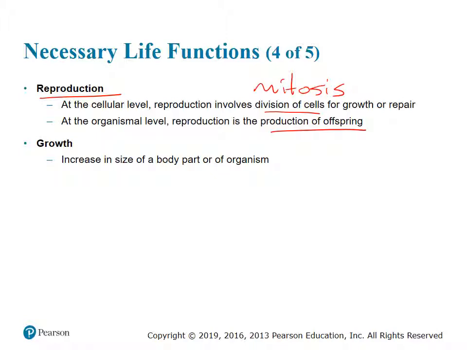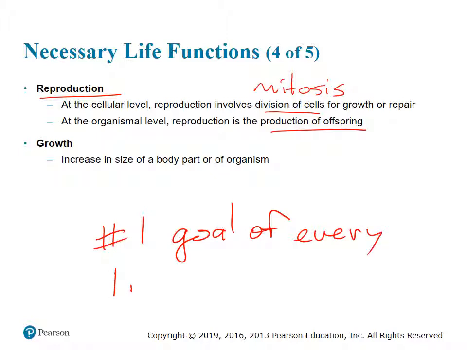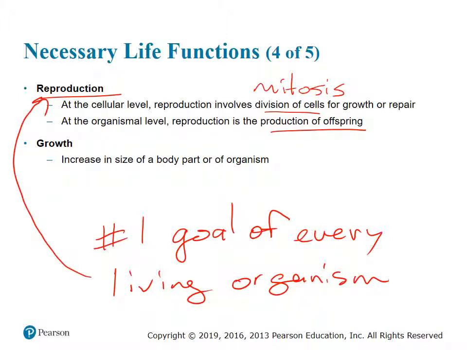And in fact, that's the number one goal of every living organism, is to reproduce. Okay? From a pure science biological standpoint.